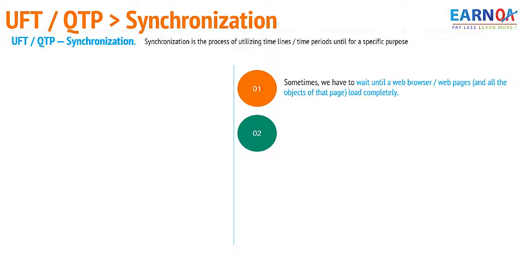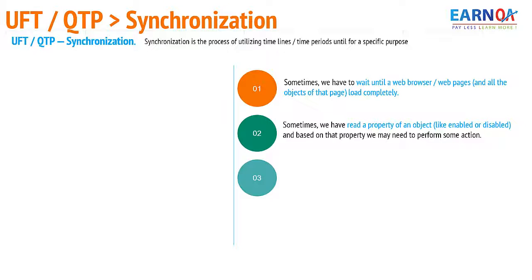Sometimes we want to read a property of an object, whether a button is enabled, whether a value is being entered into an edit box, whether a value can be selected from a list box. So we need to wait to read a property of an object.